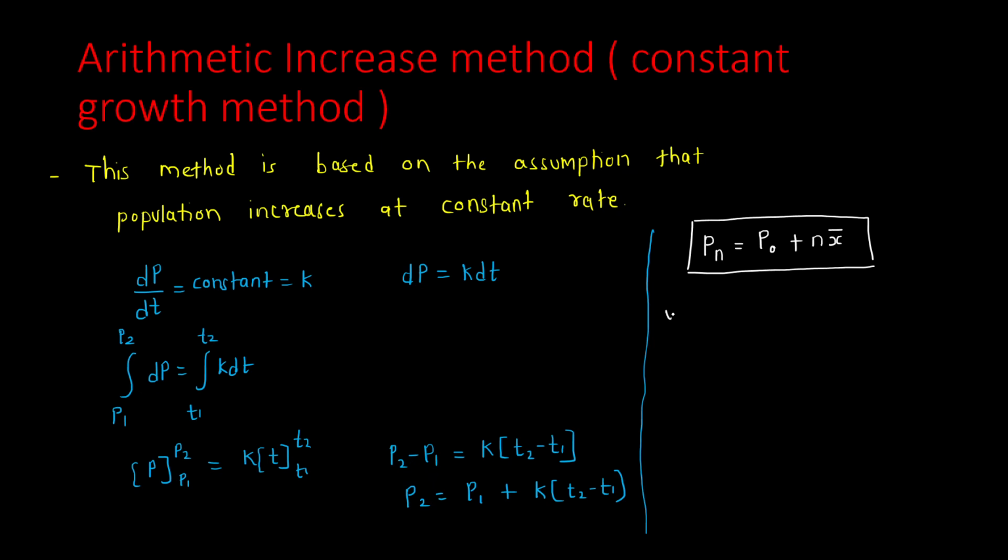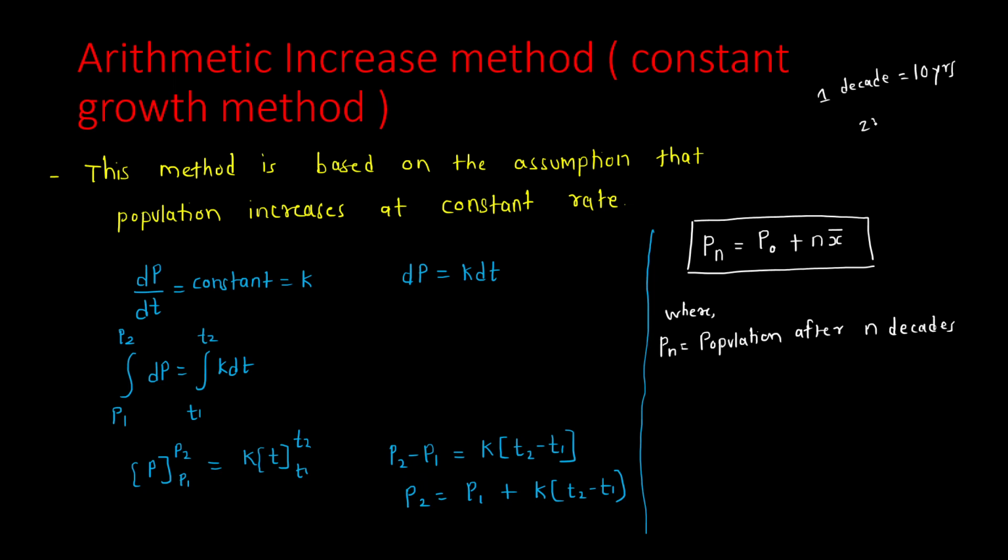Where, what is Pn? Pn stands for the population after n decades. What is the meaning of a decade? One decade means how many years? 10 years.